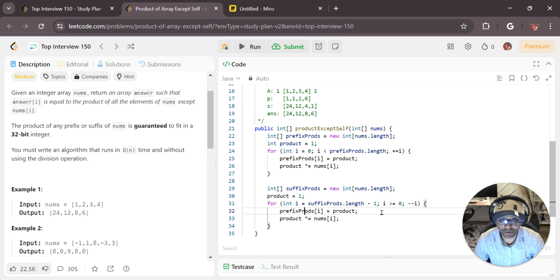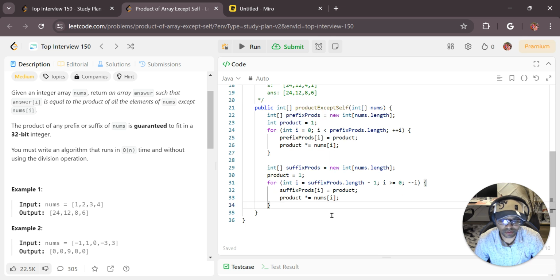And same thing, we first, oh wait, so this has to be suffixProds of i is equal to product. We first assign it and then we multiply ourselves to the product. Okay, so now it's easy, right?